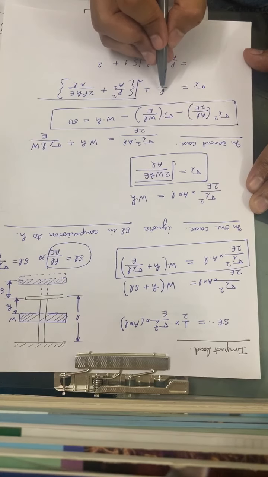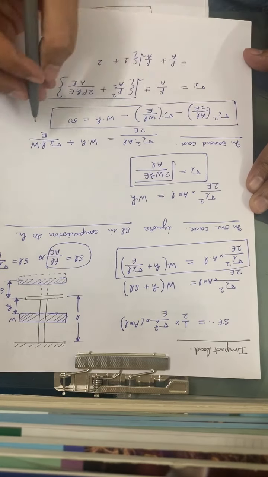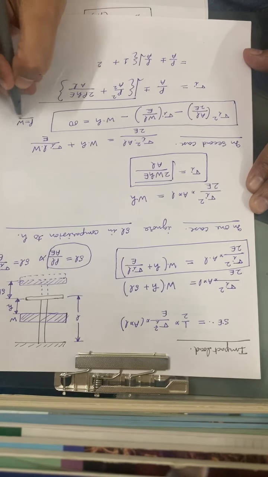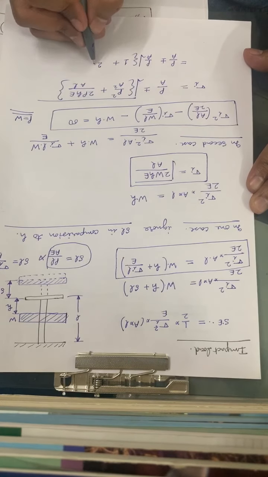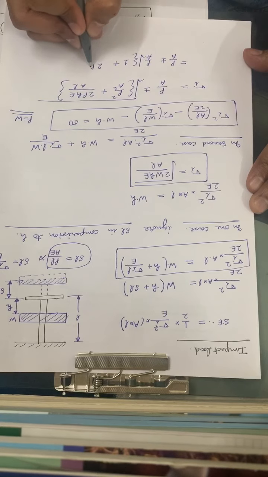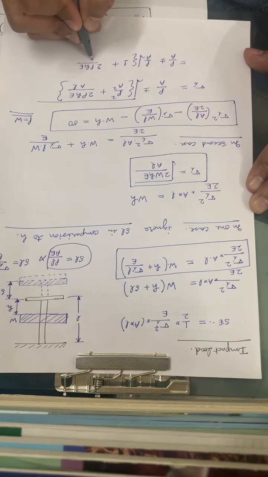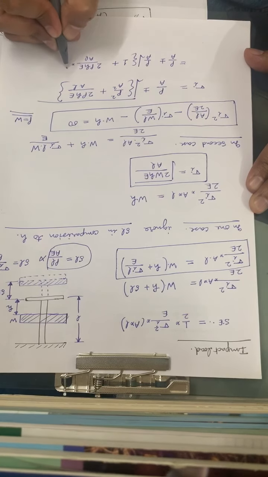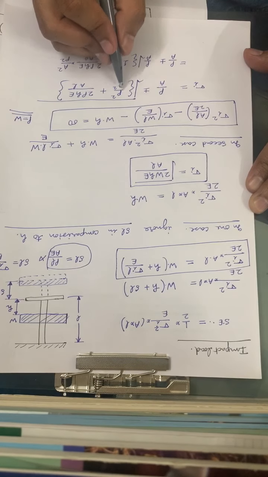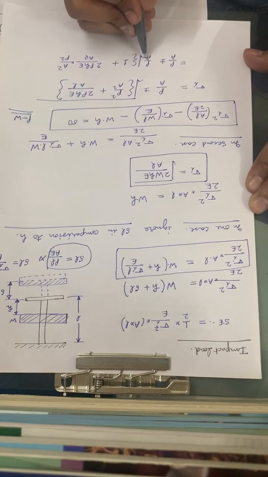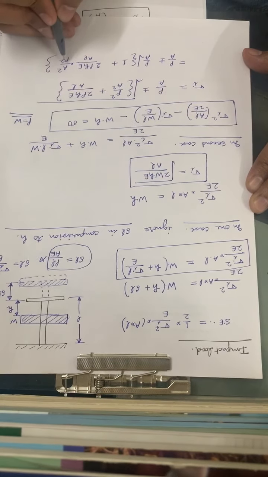In this expression, P is the same as W. P is equal to W. So twice P H E upon A L into A square upon P square, because we have taken P square upon A square outside the bracket in this equation. That is why I have written it like this.